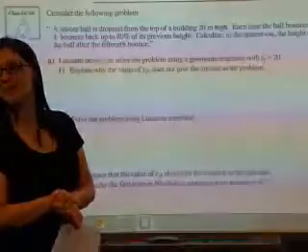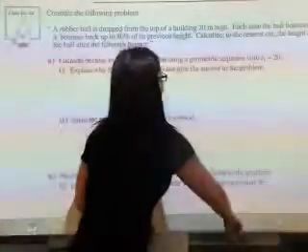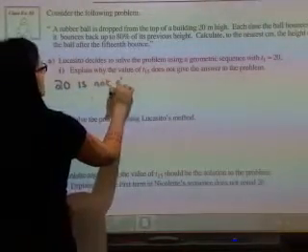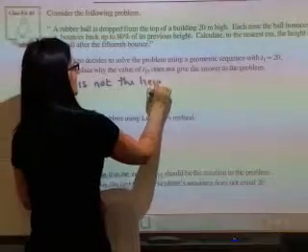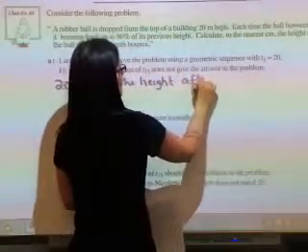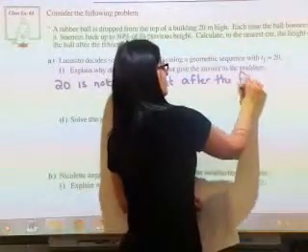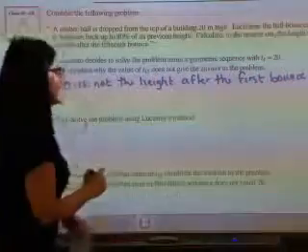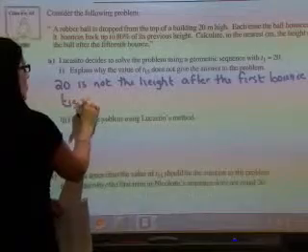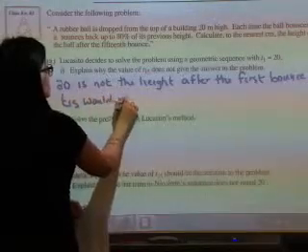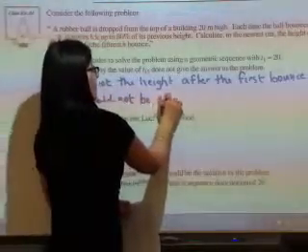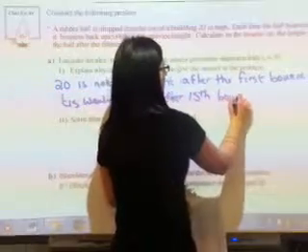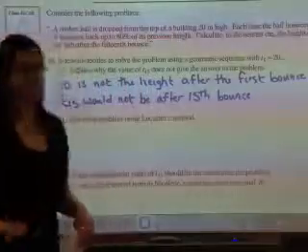Because 20 isn't the first bounce, it's the height of the building. 20 is not the height after the first bounce. Which means t of 15 would not be after the 15th bounce. It would actually be after the 14th bounce.